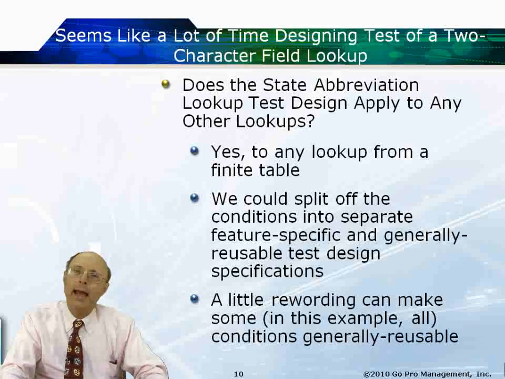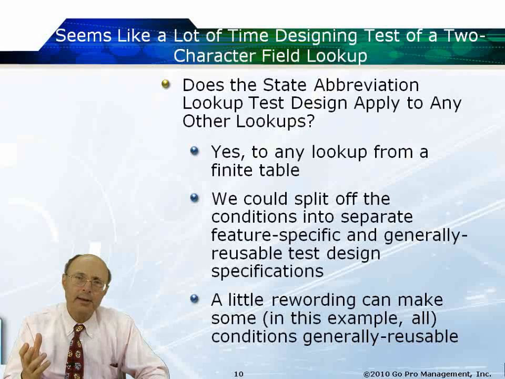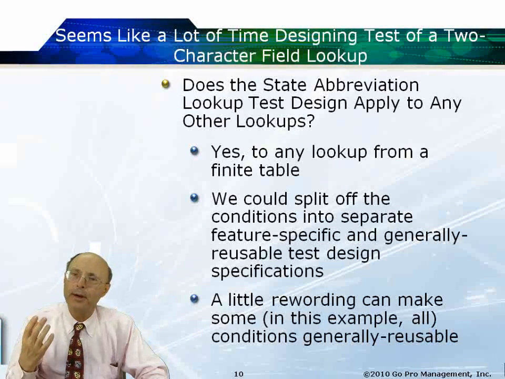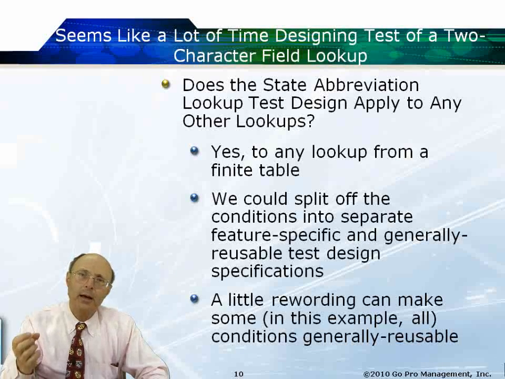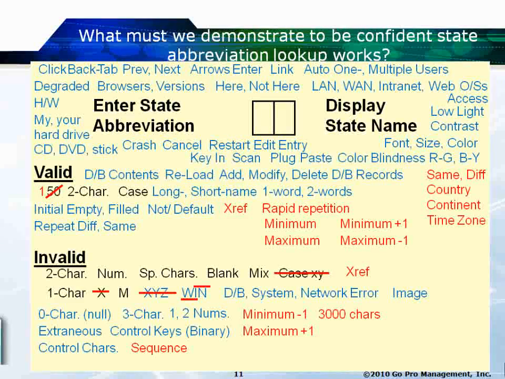So we can do two things. One thing is that with a little rewording, we can remove the specificity. With a little rewording, and we'll see this in a second, we can make every one of those conditions in the state abbreviation lookup pertain to any lookup from a finite table.